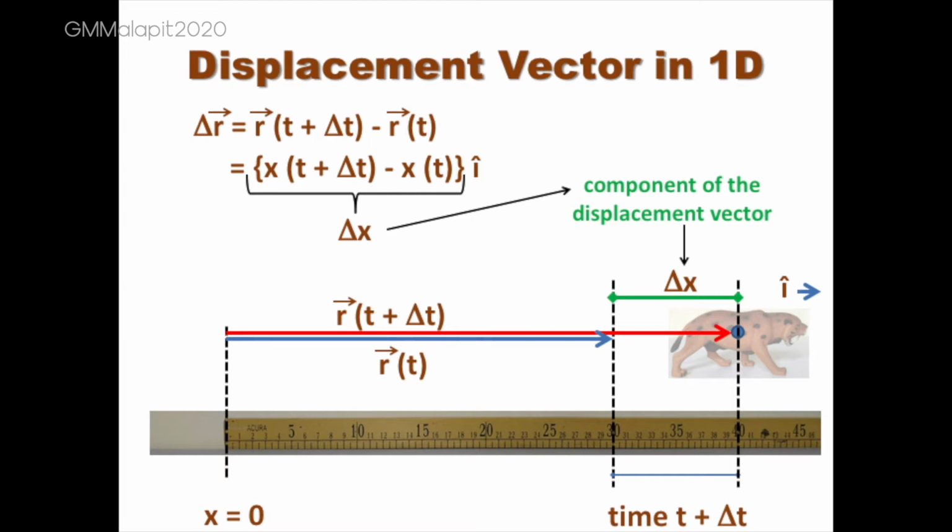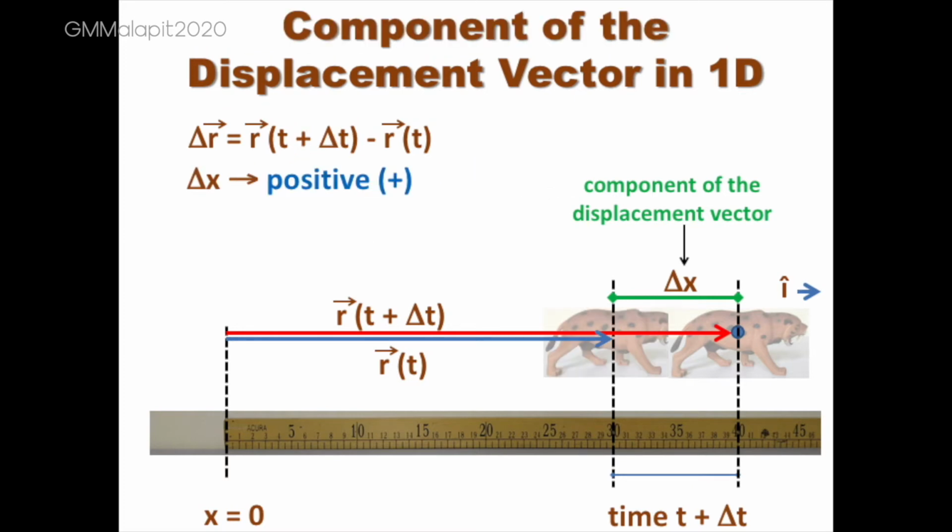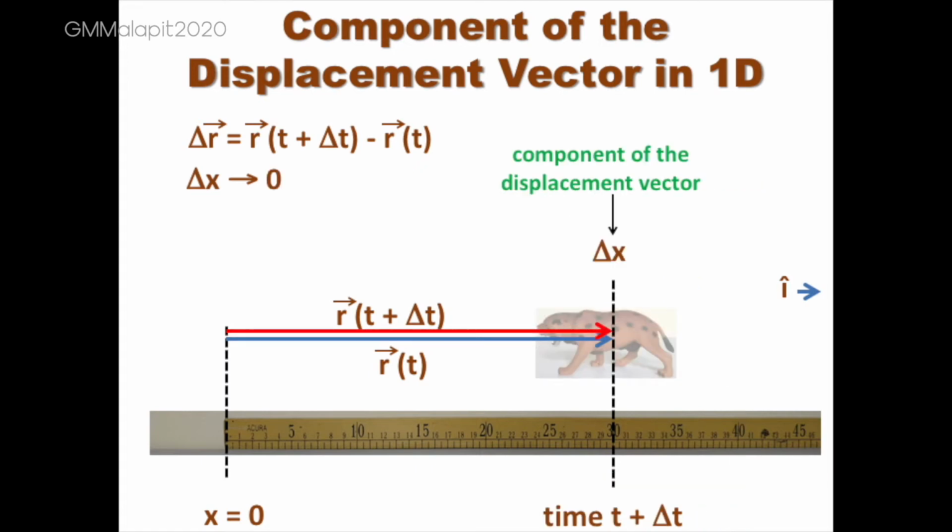As mentioned before, the component of a displacement vector is positive if the object moved further to the right, as seen in the figure. It can also be zero if the object returned to its original position, thereby covering no displacement at all, which can be observed in the figure.